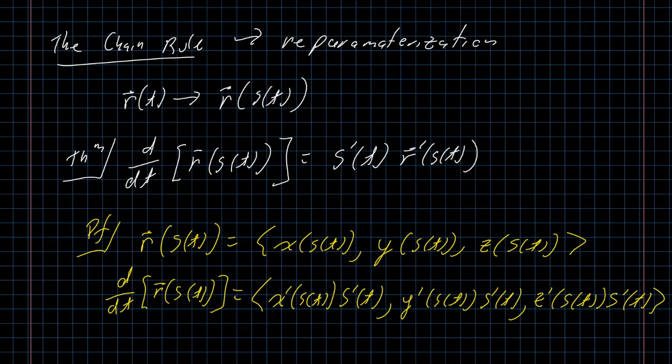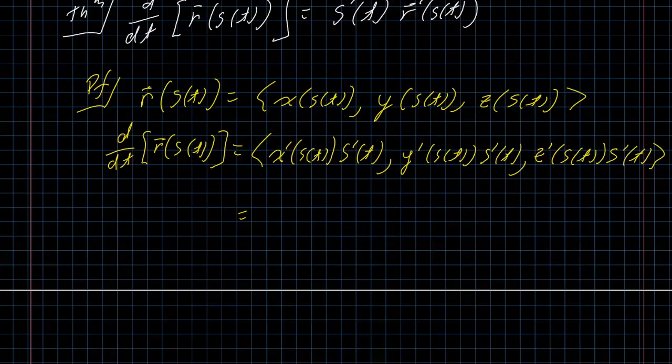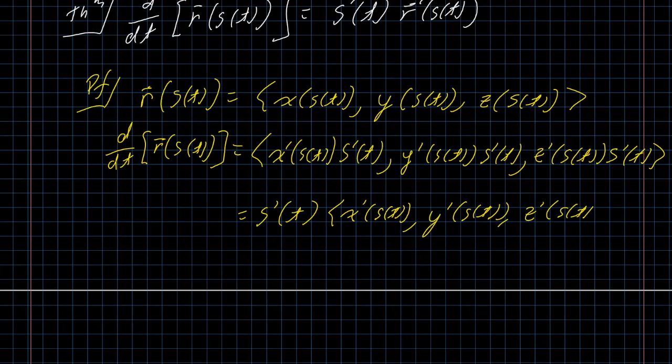There's a common factor of s prime of t in all three terms, so we can bring that out. And we recognize that the stuff that's left is, in fact, the vector valued function r prime at s of t. Right, that's a very straightforward one, but one that will be useful to us.